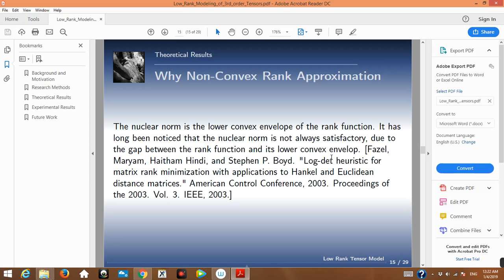However, it was observed by Fazel and Boyd that there's a big gap between the nuclear norm and the rank function, because the nuclear norm takes the summation of the singular values, but the rank is the number of the singular values. So if the singular values become very big, the difference between the rank and the nuclear norm gets bigger.